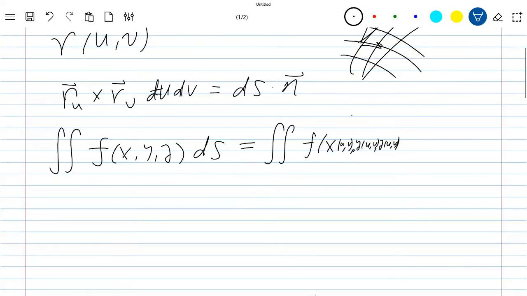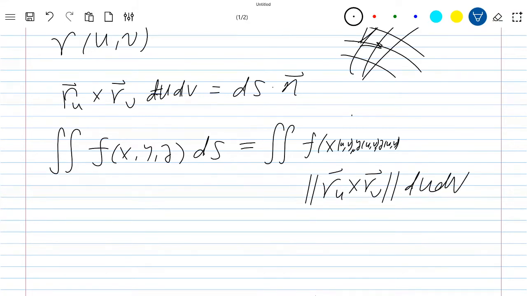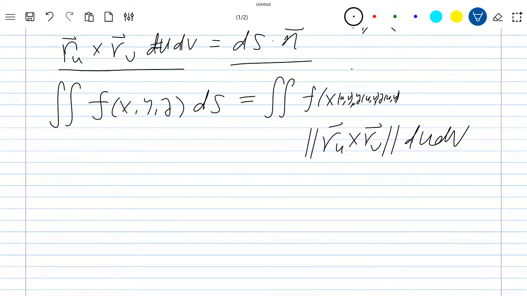Then you have the norm of ru cross rv, then du dv, because the norm of this will give you the surface element. So that's how you find the integration in a general setting.